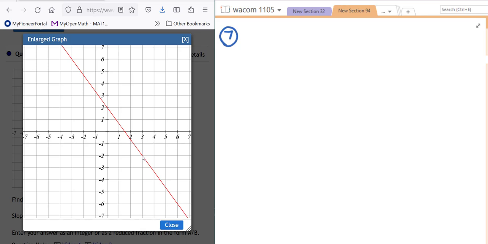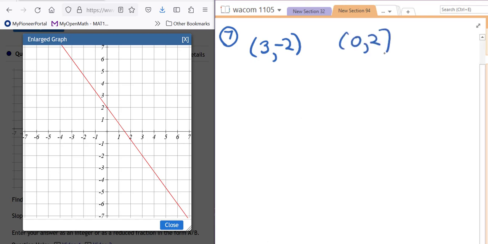Right, so right now I have my mouse on (3, -2). And I see that's a nice corner, and I'm going to move up. And the next one I see that looks clear to me is this point, (0, 2). And writing the coordinates, you could calculate it from there, but we won't. We're going to count. So I'm starting at (3, -2), and I'm going to move up to get to this other point.